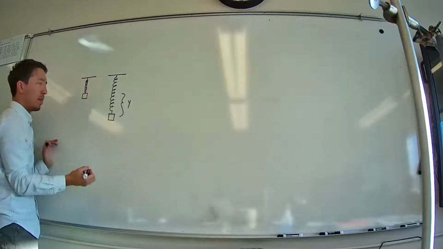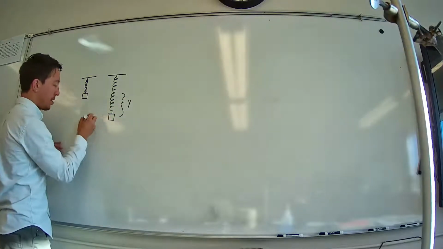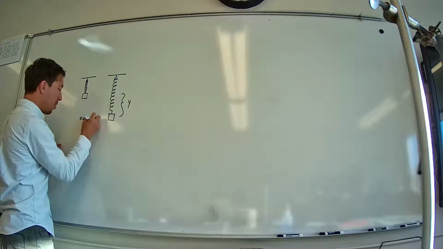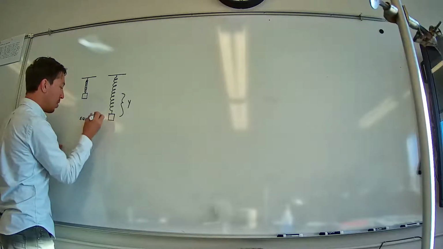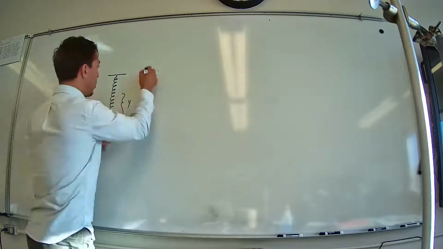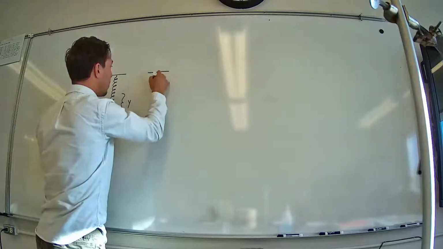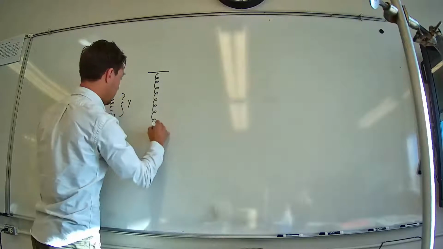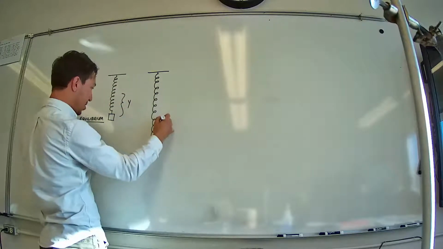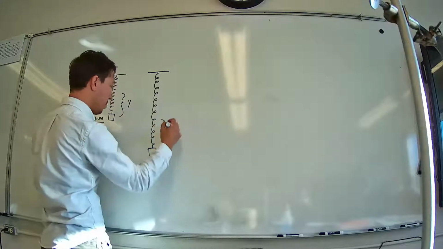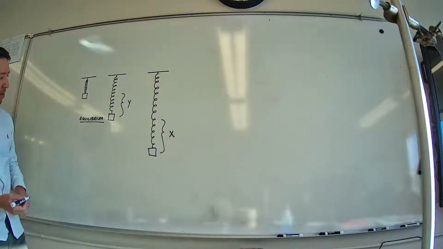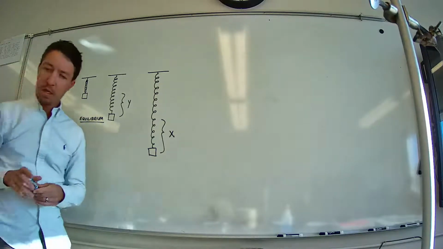So some distance Y, right? And this is equilibrium. And then it says we're going to pull it an extra distance. Now, what's the extra distance we pull it? X. Okay? Does the picture make sense?